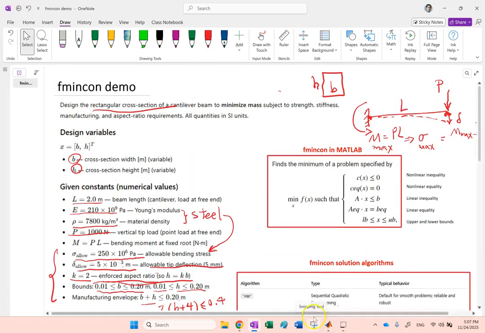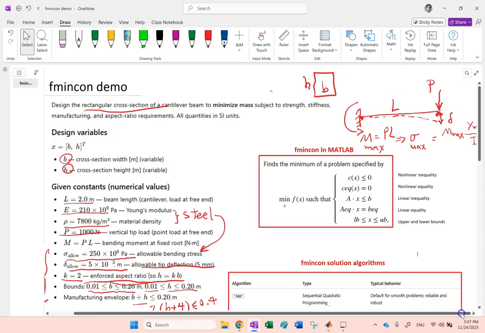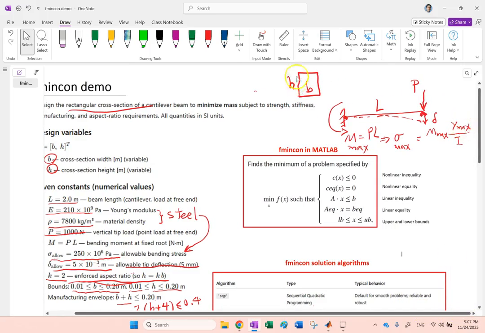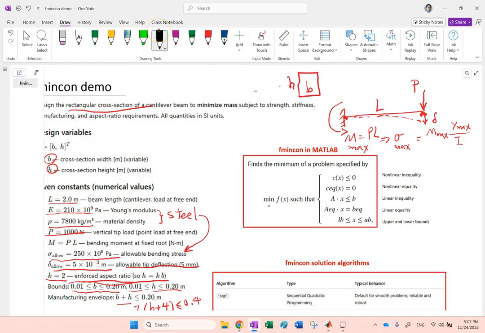It is basically PL, which is M max, multiplied by Y max, which in this case is half of H, and divided by the second moment of area about the neutral axis. This axis, if you call it Z, for instance, is I_ZZ.